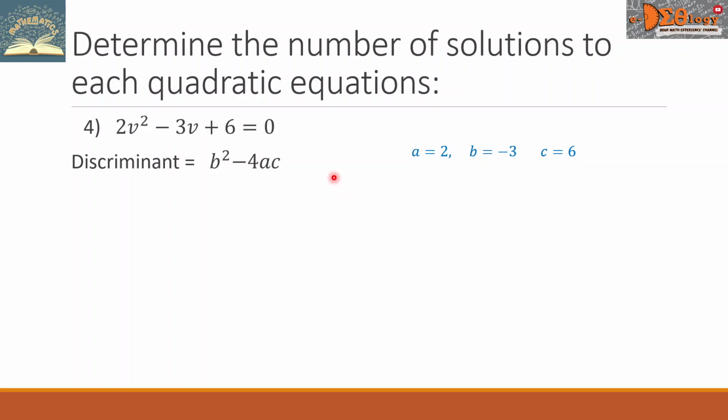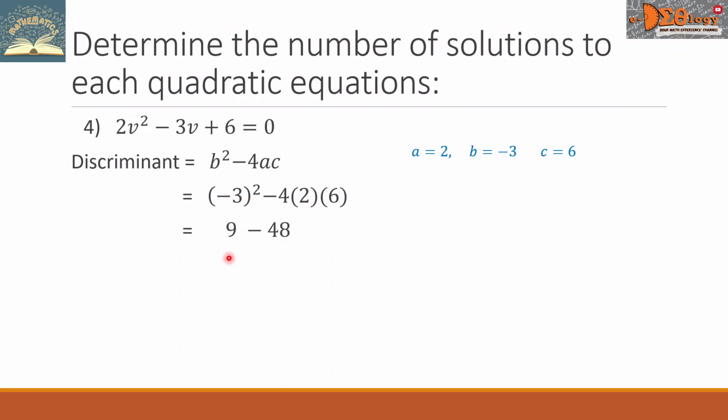Now we show the formula of the discriminant, b squared minus 4ac. We substitute the corresponding values. So we have b squared, that is the square of negative 3, minus 4 times a times c. So we have 4 times 2 times 6. We simplify.